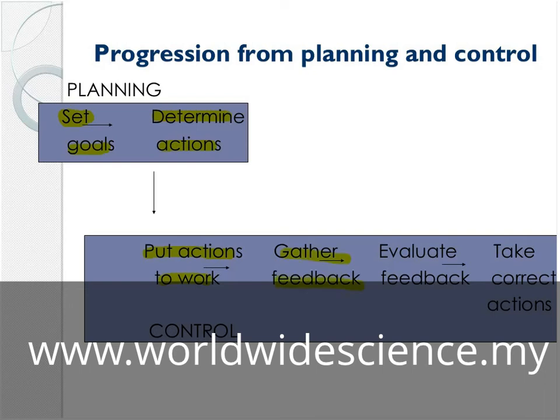We evaluate the feedback. Why did the situation become like this? Why did we get what we have, but not what we expected? And we take corrective actions. So setting goals and determining actions is the planning process, and the control includes everything from putting actions to work to taking corrective actions.